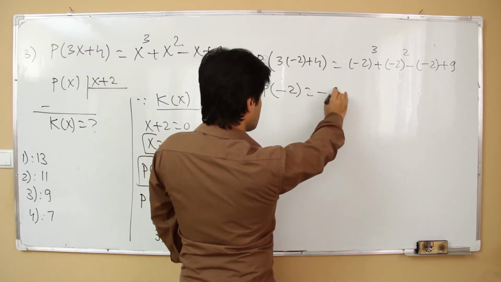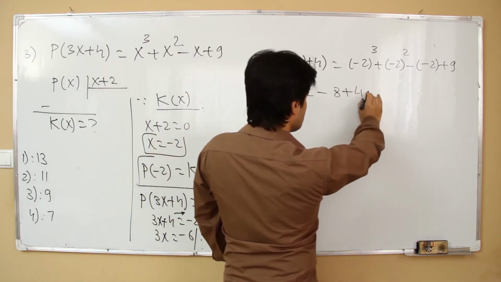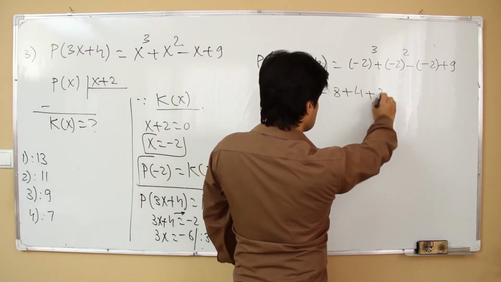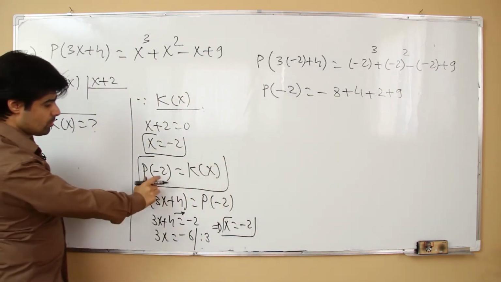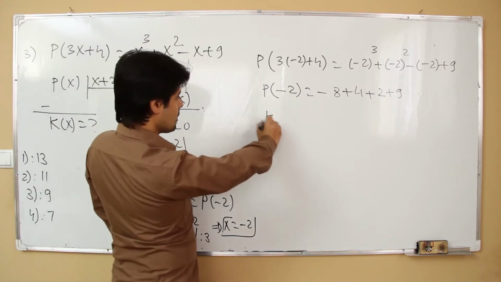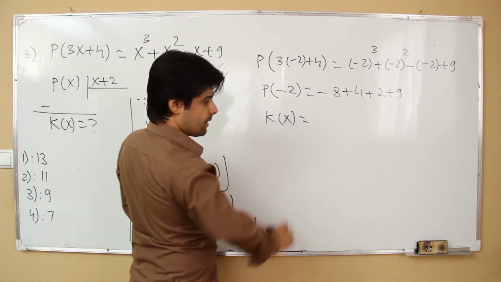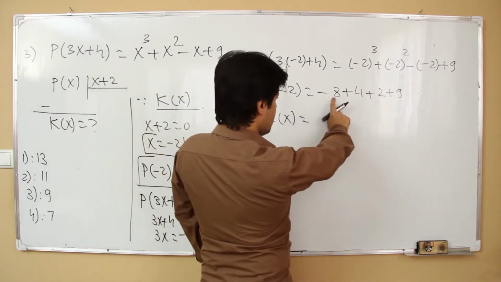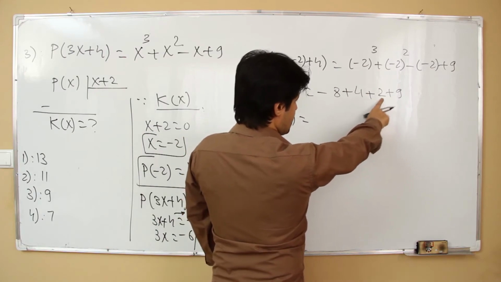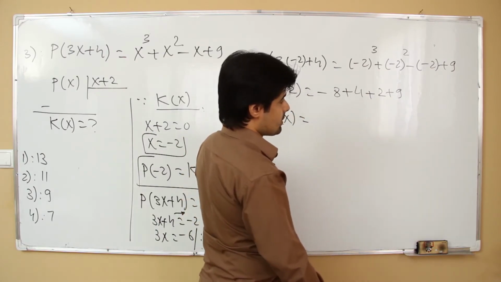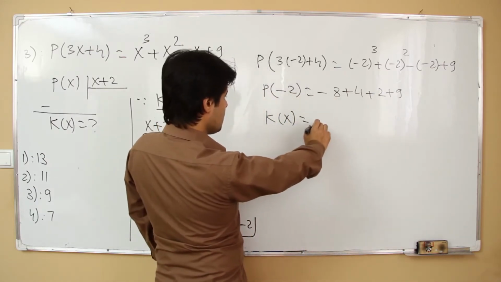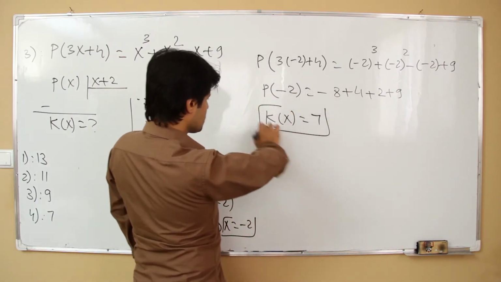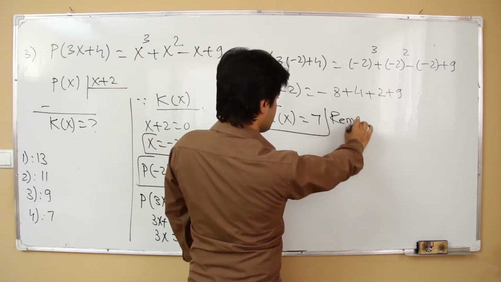This is minus 8 plus 4 minus minus 2, plus 2, plus 9. And this p minus 2 is the remainder. Minus 8 plus 4 plus 2 is 6. 6 plus 9 is 15. 15 minus 8 is 7. So this is the remainder.